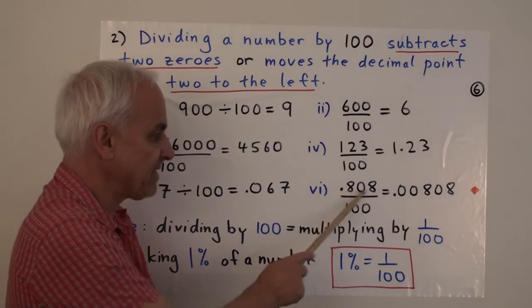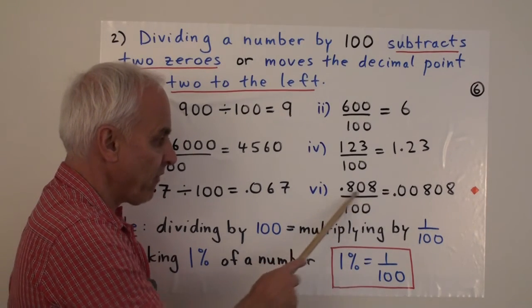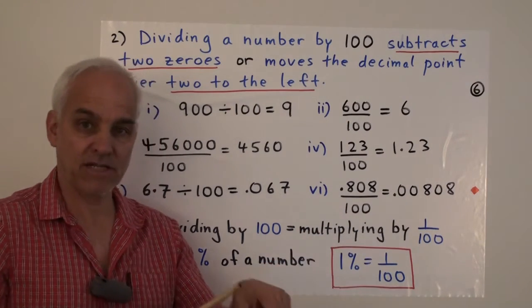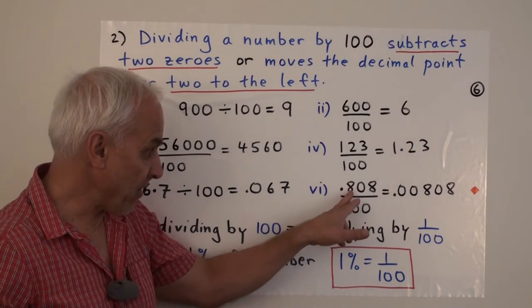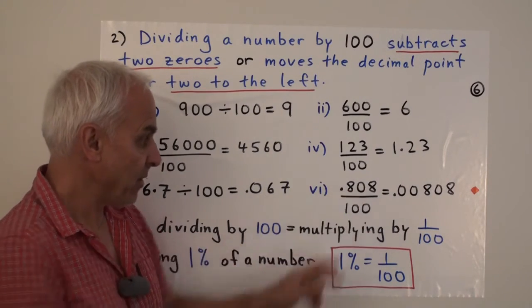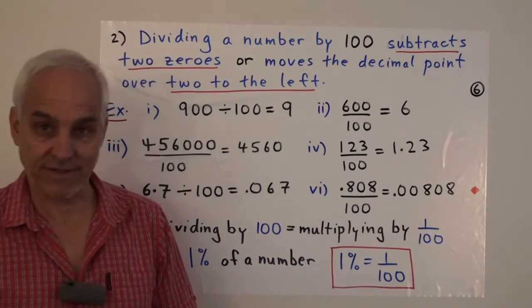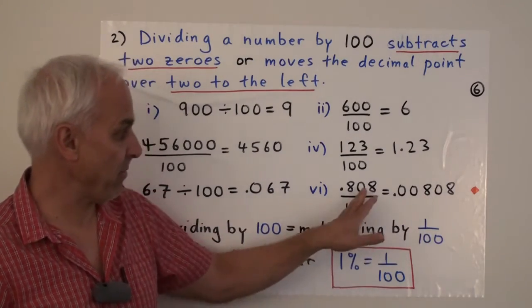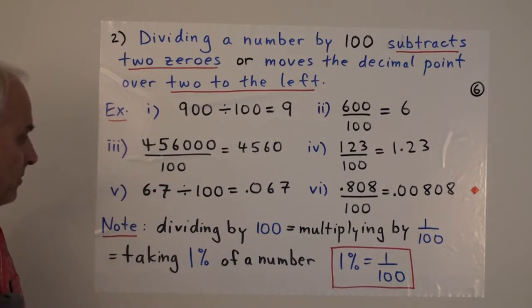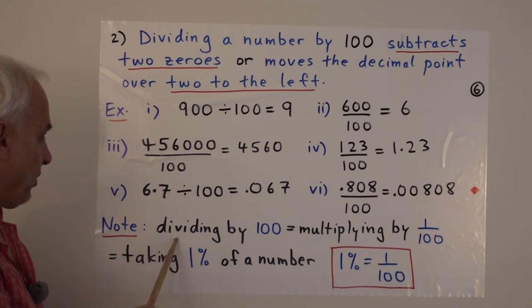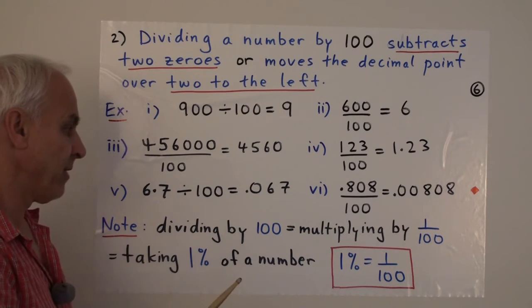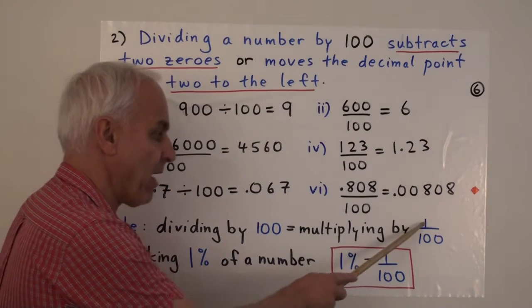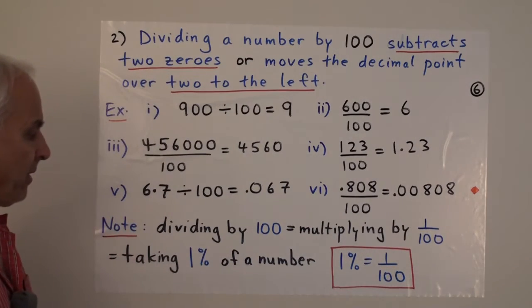Dividing by 100 makes the number smaller. Going from here to here, the number has gotten smaller because instead of having 8 tenths, we now have 8 1,000ths. So this is a much smaller number than that one. Alright, so let's just note that dividing by 100 is the same as multiplying by 1 over 100.